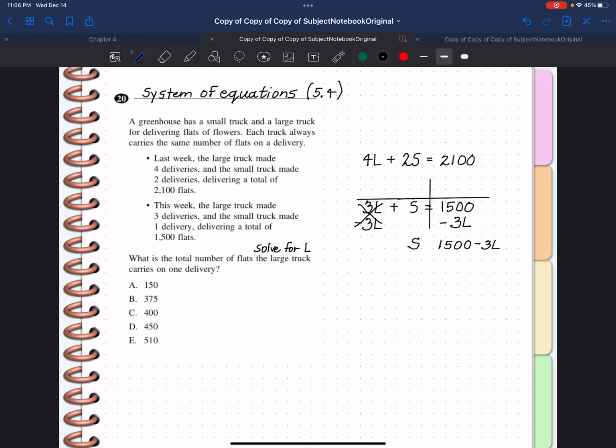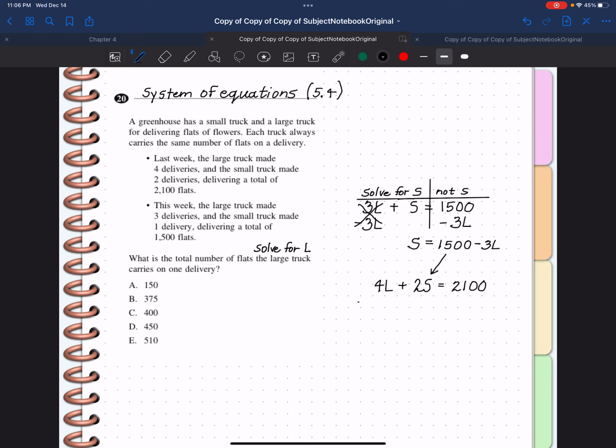We have this equation solved for S. So we want to solve this one for S. So anything that was not S, we move to the other side. Now I'm going to bring this equation down here. And in place of the S, I'm going to put what we just found.